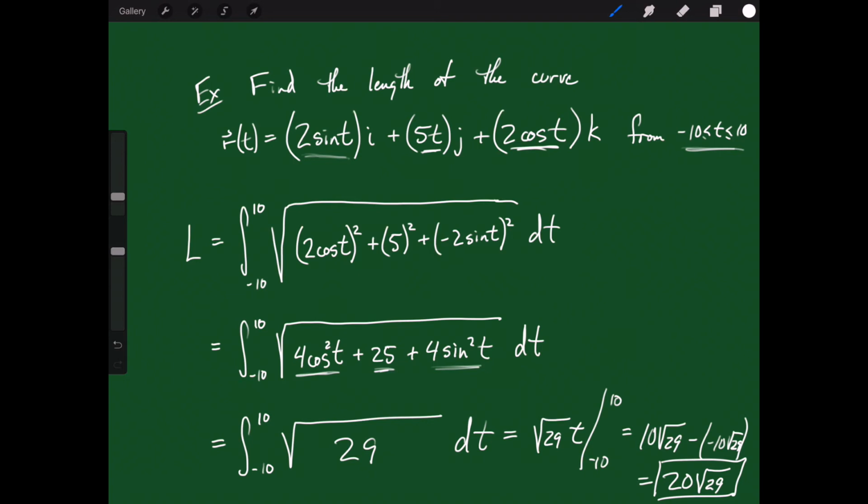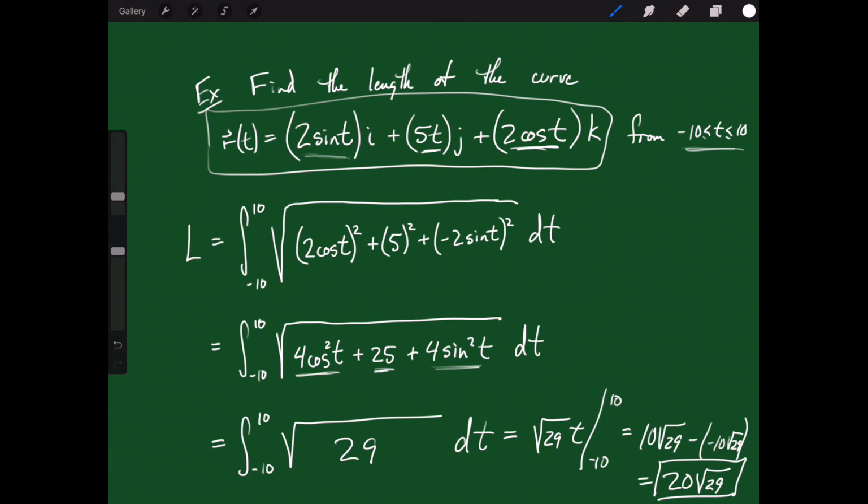What's kind of amazing about this in some ways is, if you think about what we started with, this is a sort of complicated curve in 3 dimensions. And we just said, as long as I know the parameterization, I can plug that into a nice arc length formula, and I can find the length of that curve. And it wasn't even really that hard to do.